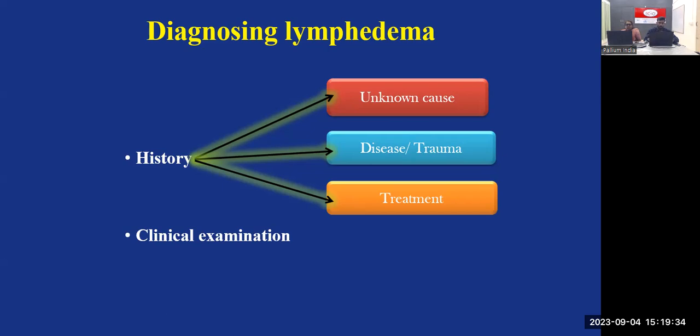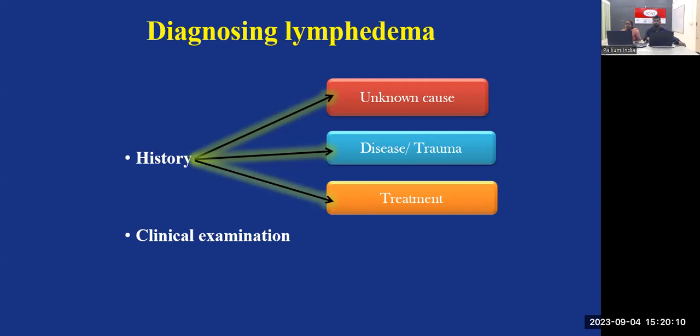Whenever you see a patient with any kind of edema, your first duty is to take a proper history. When you take a history, you have to find out whether there is an unknown cause, and whether it is disease related, trauma related or treatment related. So these are 3 points you have to keep in mind when taking history.